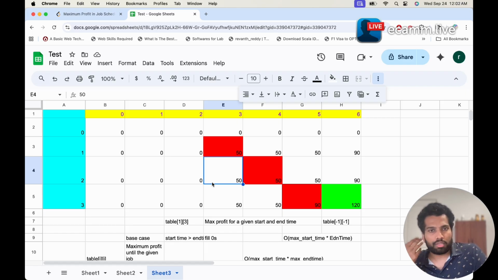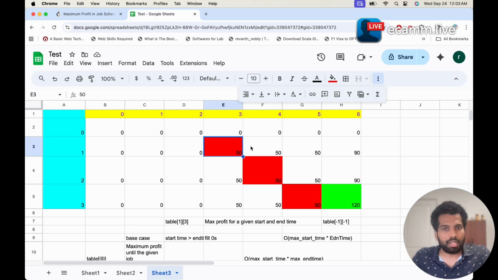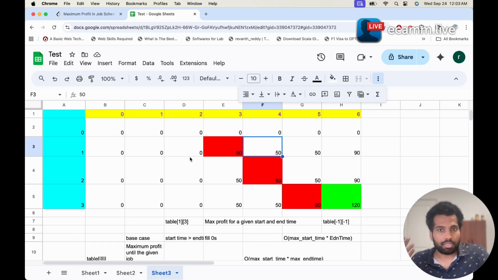Let's say there are some hundred set of jobs that have to be scheduled or are already scheduled, and we build this table. And if the use case is, let's say, I wanted to know the maximum profit at any particular start and end time, then your service can just come and look up these values. So this would be a better solution for that use case, like for querying the profits for any given start and end times, right?